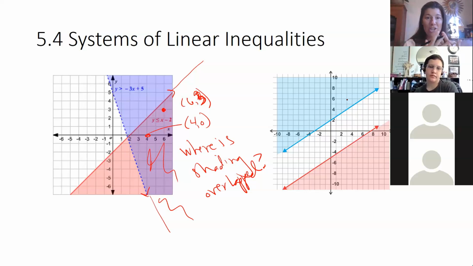Okay, let's look at this rightmost one. Where is the overlapping shading on the right? So your blue line is shaded all above. Your red line is shaded all below. Are there any solutions that both of those inequalities have in common? Any place where the shading is going to overlap? There's none. So there's no overlap, therefore no solution to that system.